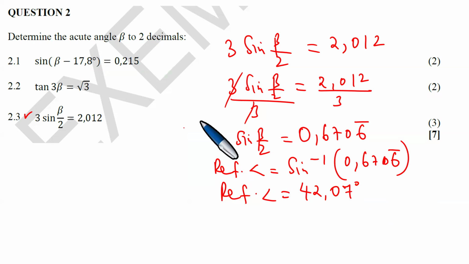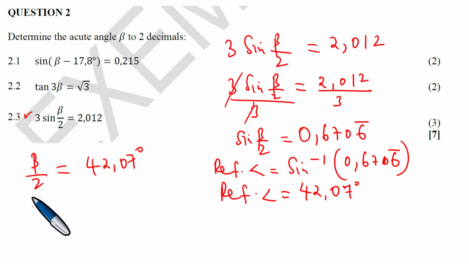So in the end, we need to find the beta. We have beta over 2, which is the angle we have here, and it is actually 42.07 degrees. Therefore beta, you cross multiply, becomes 2 times 42.07 degrees.